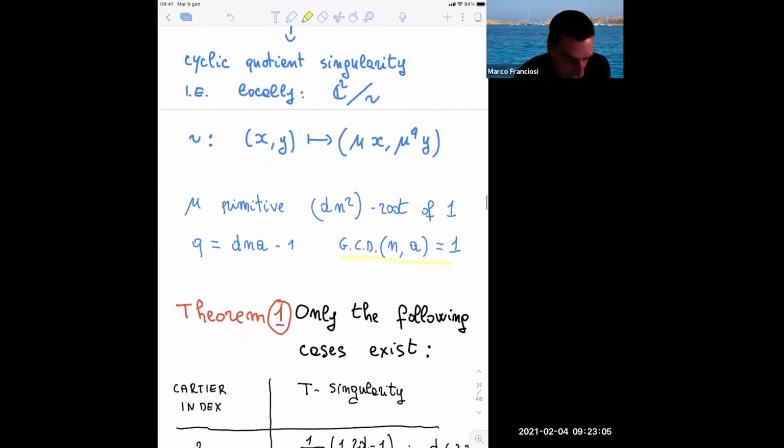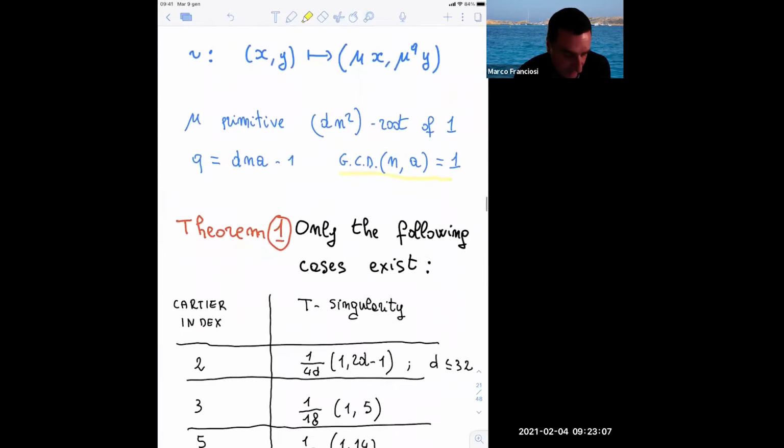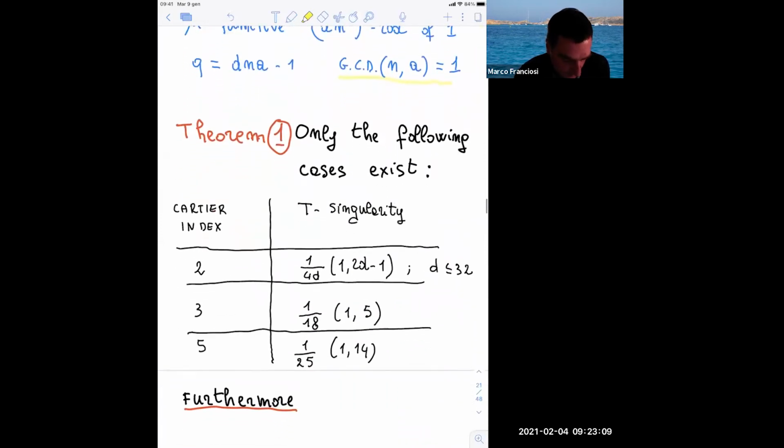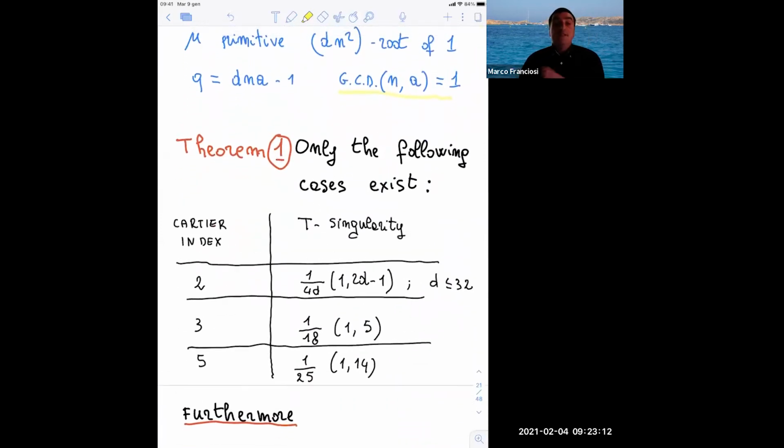So our main result is the following. For I-surfaces, only the following cases exist. We have the Cartier index, which is 2, 3, or 5.